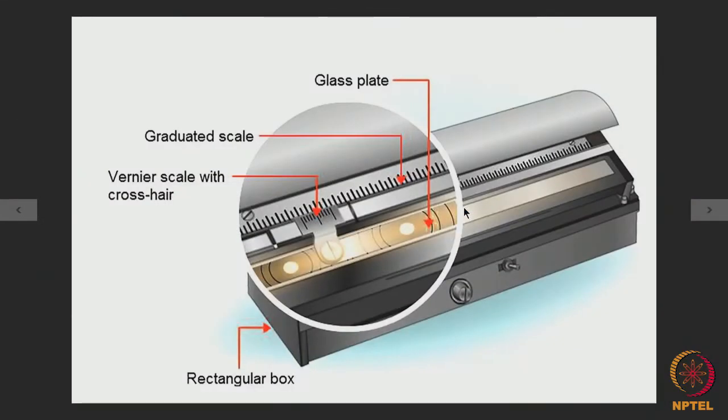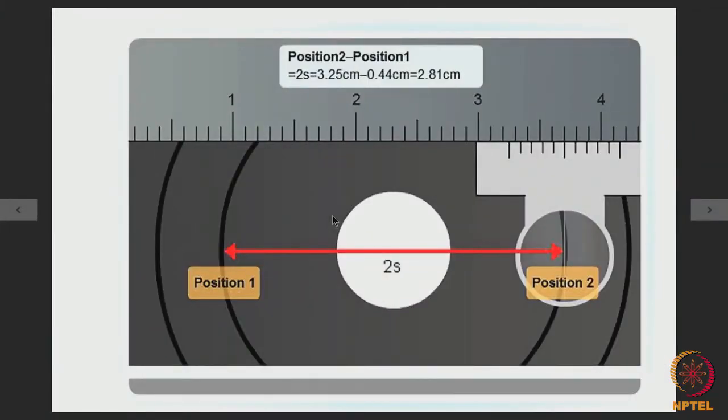So, this we do using a rectangular box of this type, which has a glass plate here, below which there is a source of light, so that all the lines on the pattern are shown very clearly. There is a graduated scale along with a vernier in order to measure the line positions very, very accurately. Say for example, this is my line pair 1 1.